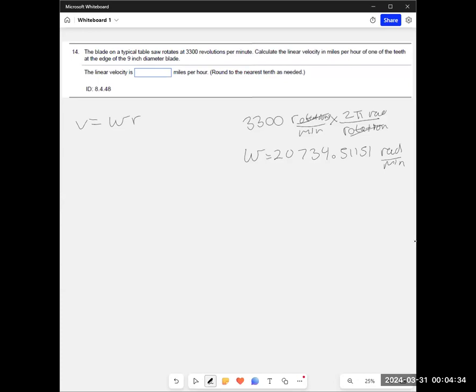And the diameter is 9 inches, which means that the radius is going to be 4.5 inches, since the radius is half the diameter. So my linear velocity should be 20734.51151 times 4.5.